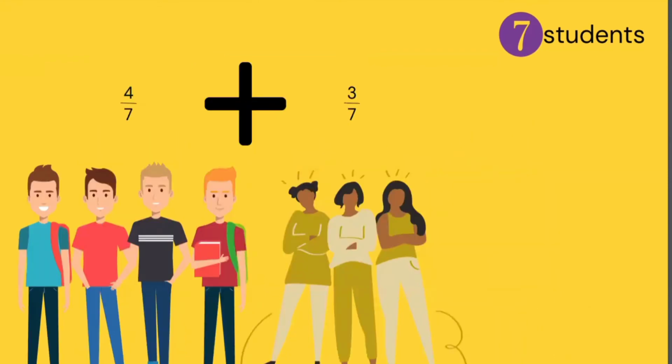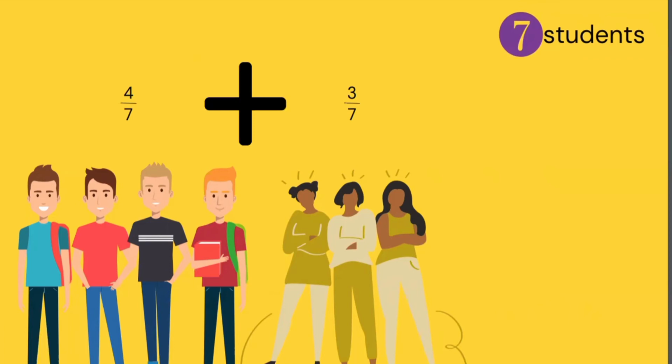Now, we know that we can use a fraction to represent all of the boys. We can also use a fraction to represent all of the girls. So the boys' fraction is 4/7, and the girls' fraction is 3/7.